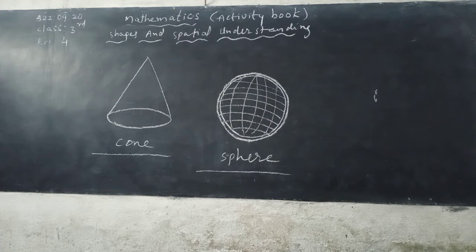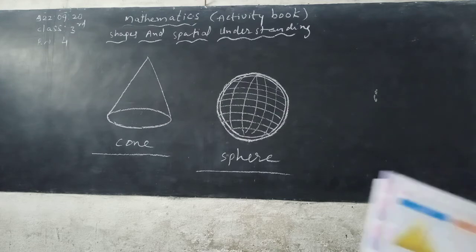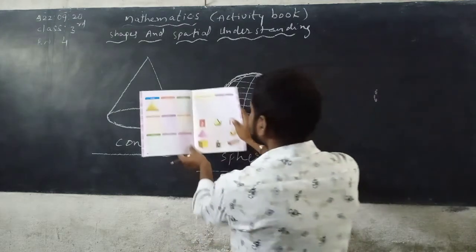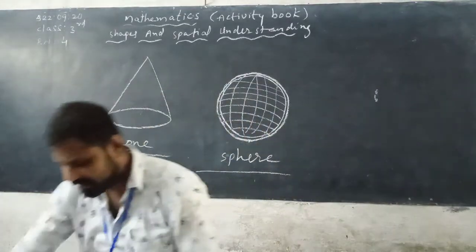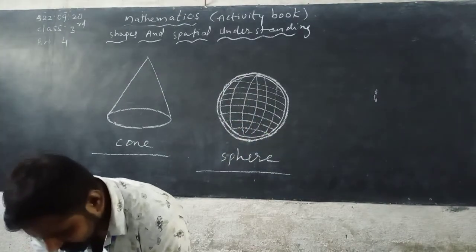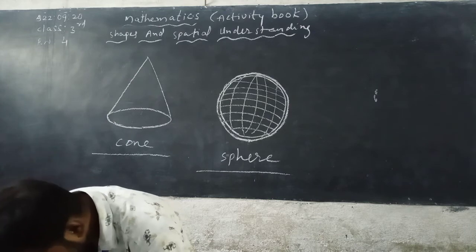Samosa is in the shape of triangle, no? You can paste it. Now next square. Square means we have to take from the last page.